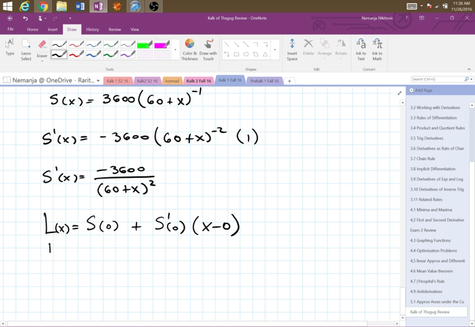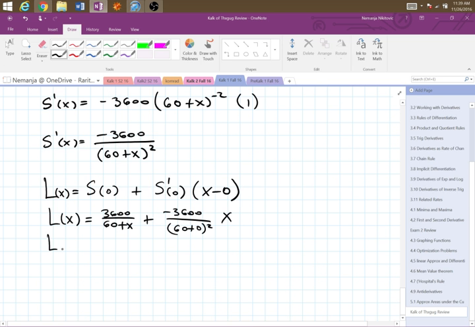Okay, so let's see. S computed at 0 is 60. Well, let me write it. I'll write all the steps. And now we have the derivative computed at 0. Oh, I was supposed to put 0 there.